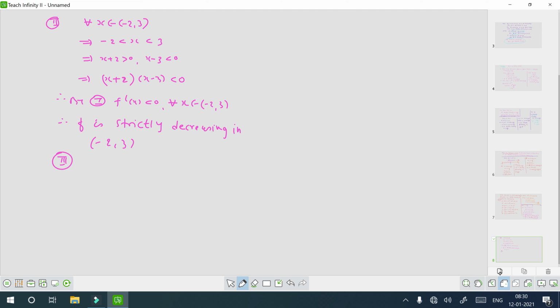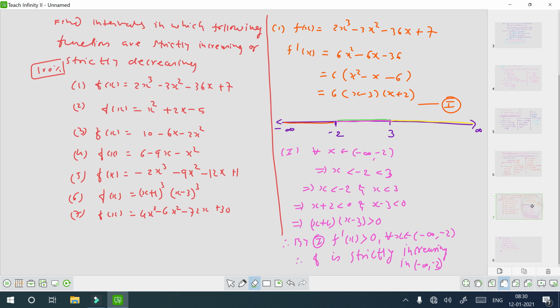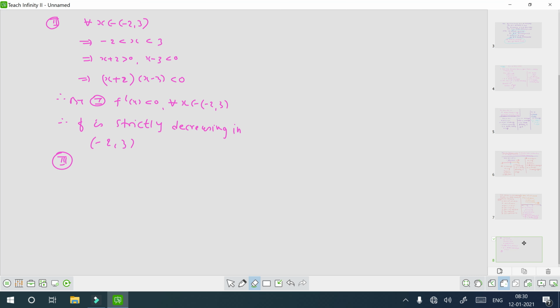Third part, where we have to take it? 3 to infinity. For all x belongs to the open interval 3 to infinity, this says x is greater than 3, that is greater than minus 2 also. So x minus 3 is greater than 0 as well as x plus 2 is also greater than 0. And we know that the product of two positive quantities is positive.